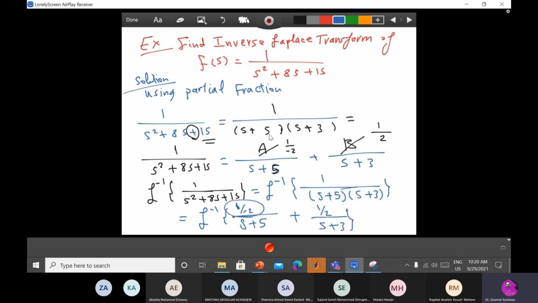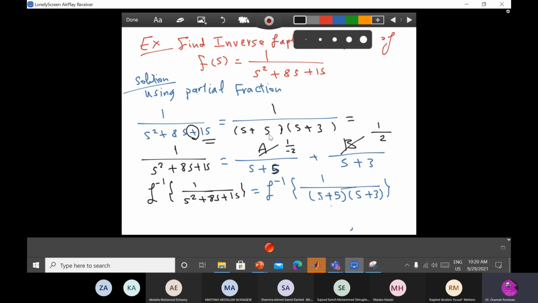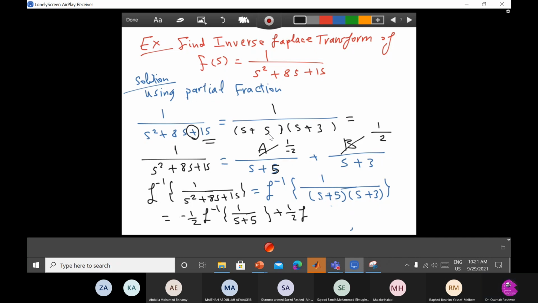Now this is a constant, I can take it outside, right? So it is easy. So you will have minus half Laplace inverse for 1 over s plus 5, plus half Laplace inverse for 1 over s plus 3.